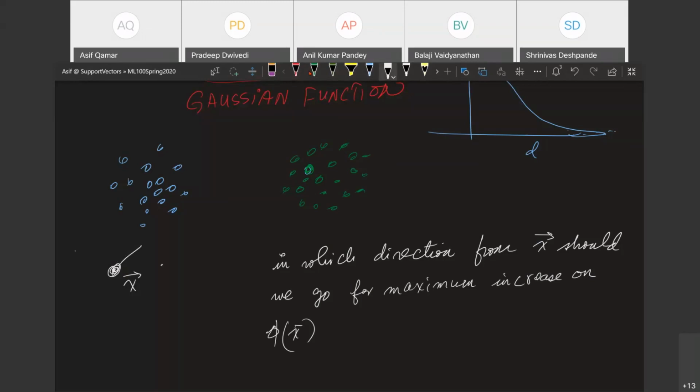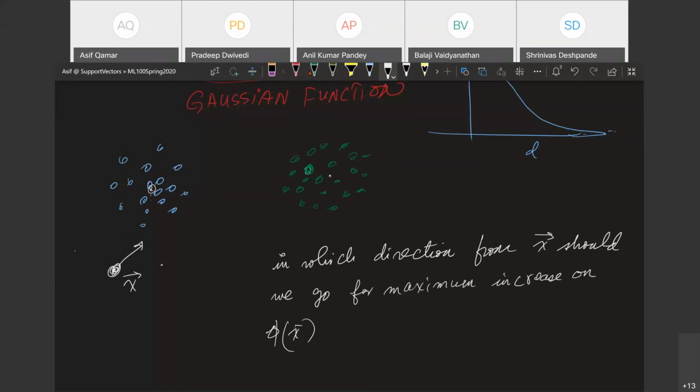Would you agree? Because at the top here, this is the most illuminated point of the blue cluster, and this is the most illuminated point of the green cluster. The nearest cluster will exert far more influence than a distant cluster on the point x, right?